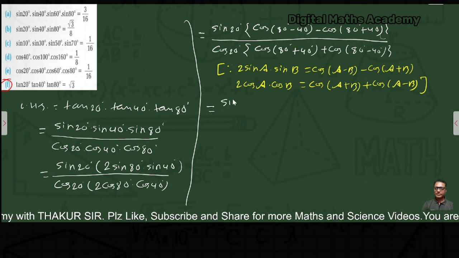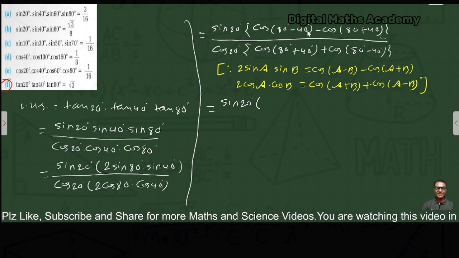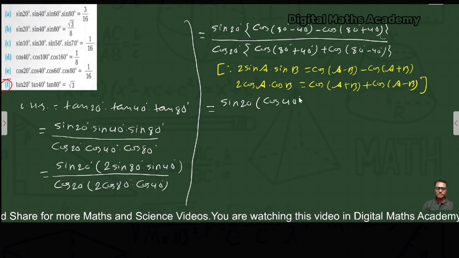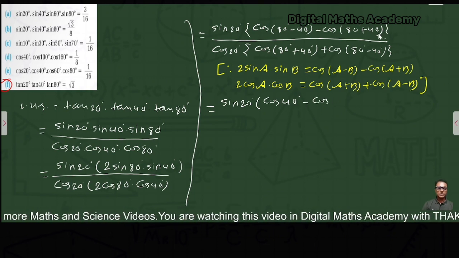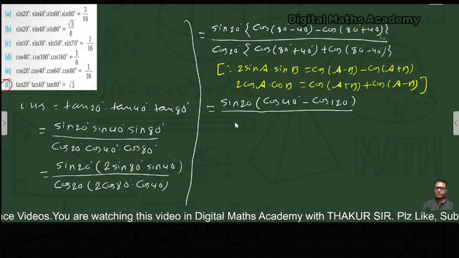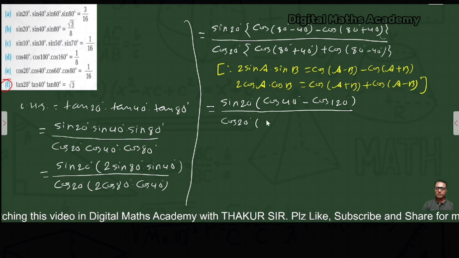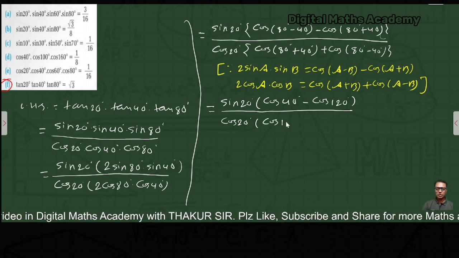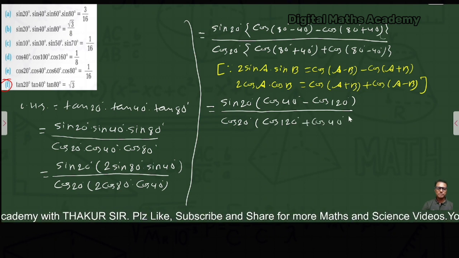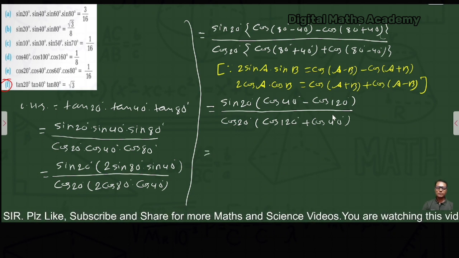So we have here sine 20, and inside the bracket cos (80 minus 40), we have here cos 40 degree minus cos (80 plus 40), 120 degree. At the denominator we have cos 20 degree, and 80 plus 40, here at the denominator also, 120 degree plus cos 40 degree. So now we know the value of cos 120 degrees. So let's put the value of cos 120 degrees.